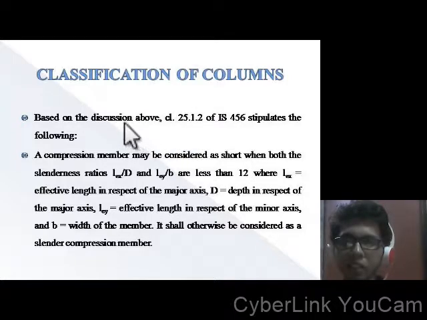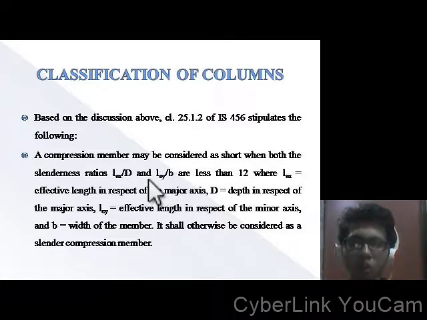The classification of columns based on the above discussion can be short column as well as long column. Let's see what a short column is. When the slenderness ratios, that is Lex by D and Ley by B, are both less than 12, then we can consider it a short column.